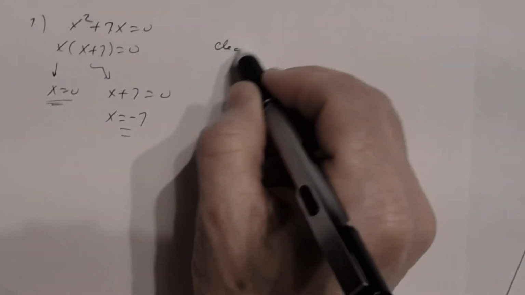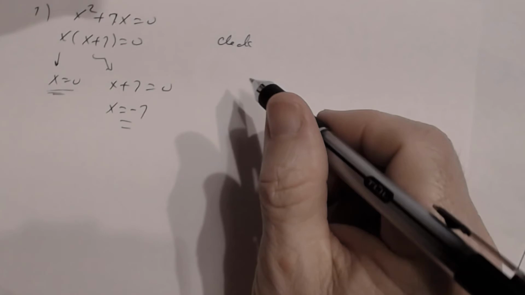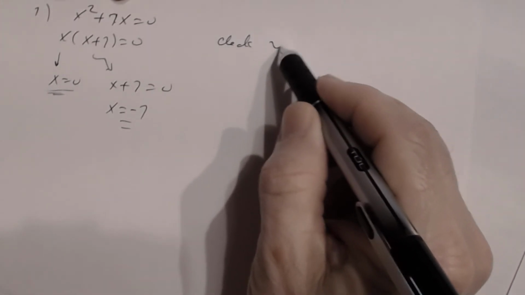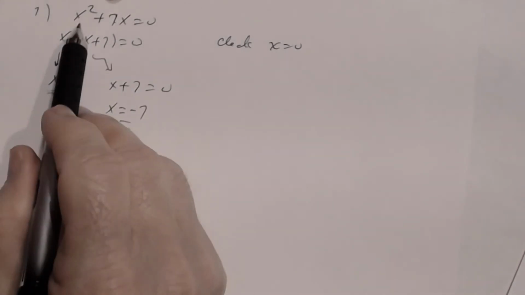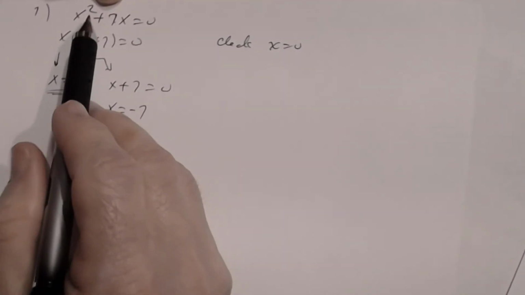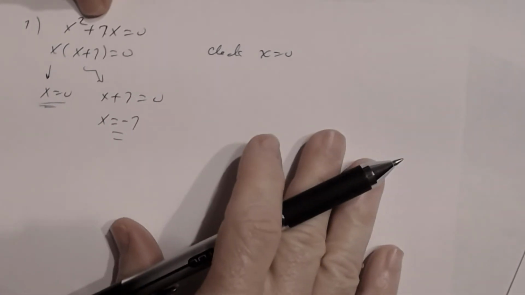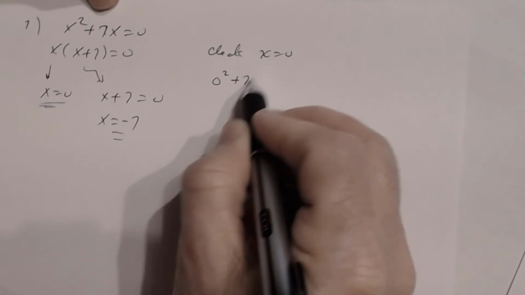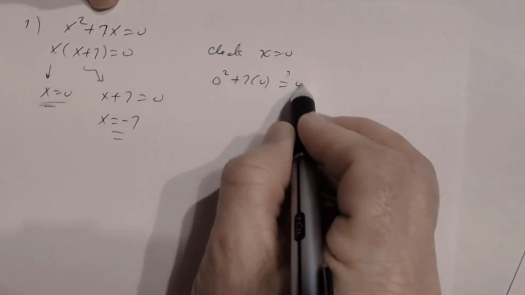And if you have time on a test, then check it. So let's check x equals 0. You go back to the original. Don't go here, because you could have messed this up. Always go back to the original. So I get 0 squared plus 7 times 0, and the question is, is that 0? Yeah, it is.